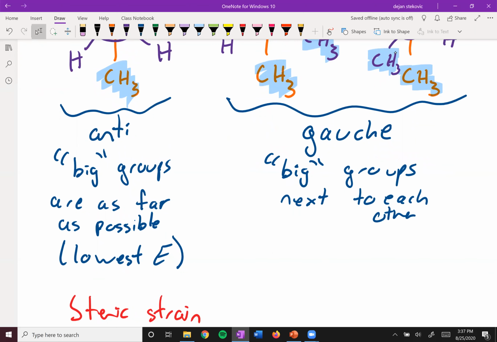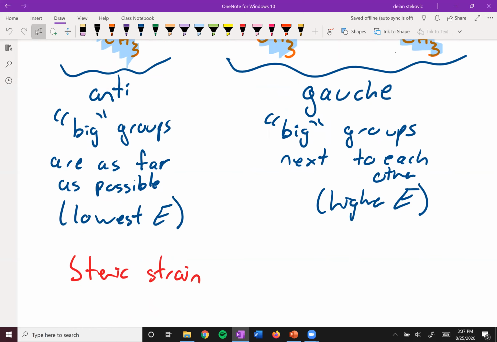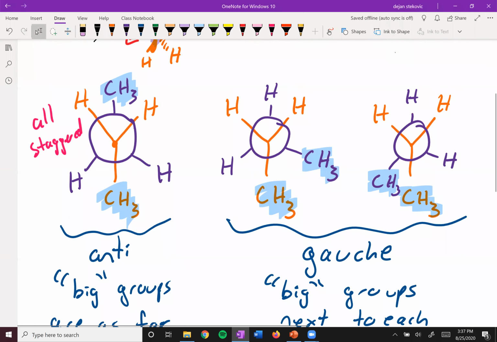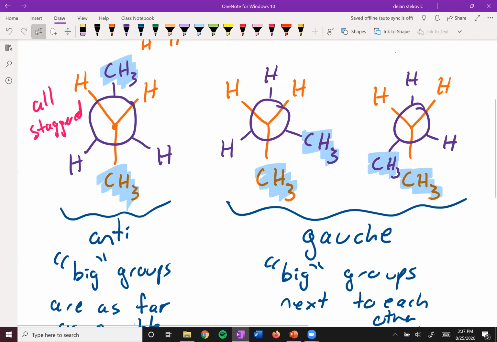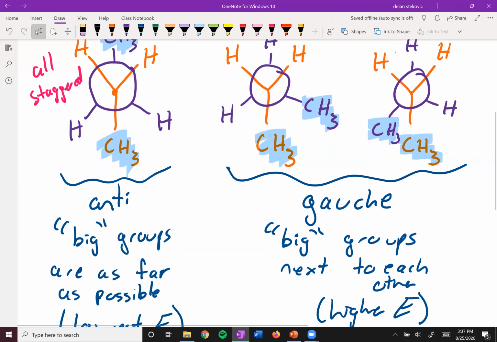And this results in a higher energy state. This is not the highest energy. The highest energy would be these two methyl groups actually eclipsed with one another, right? So gauche is still better than eclipsed, but anti is the best, right?